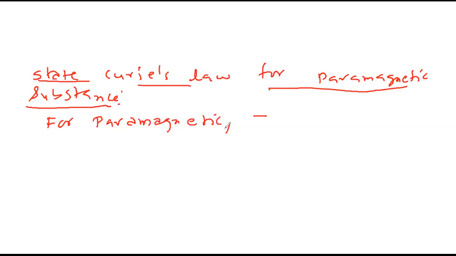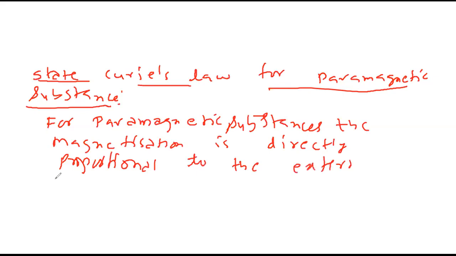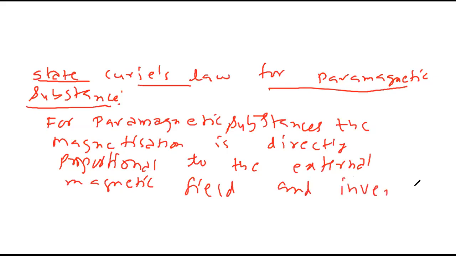The magnetization for paramagnetic substance is directly proportional to the external magnetic field and inversely proportional to the absolute temperature.